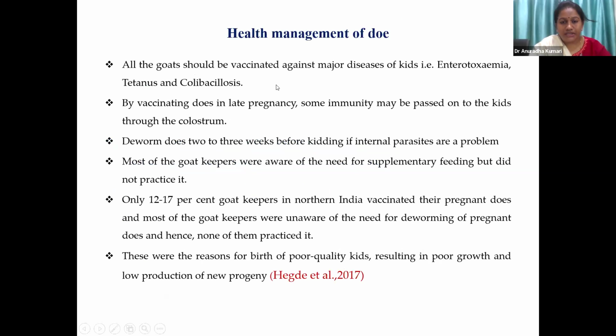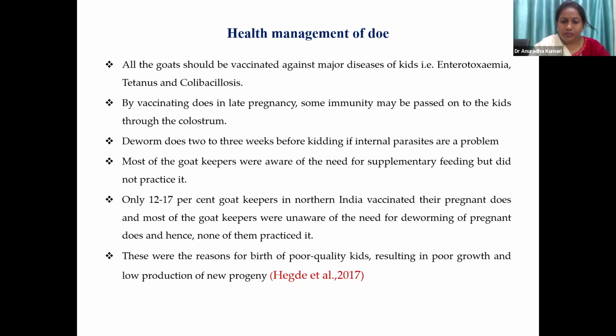Other health management practices we should follow in the case of an advanced pregnant animal: all the goats should be vaccinated against major diseases like enterotoxemia, tetanus, and colibacillosis. Vaccinating the pregnant doe against these important diseases helps in the transfer of passive immunity to the kid via the colostrum. In areas where internal parasites are a problem, we can deworm the mother 2 or 3 weeks before the kidding.